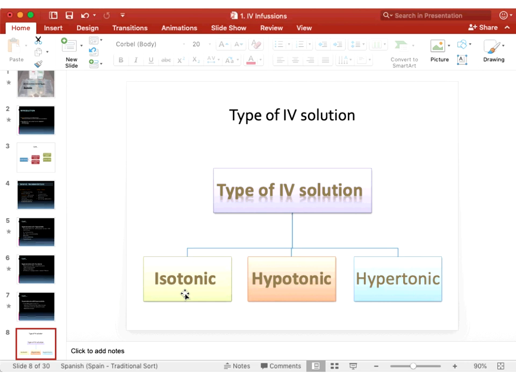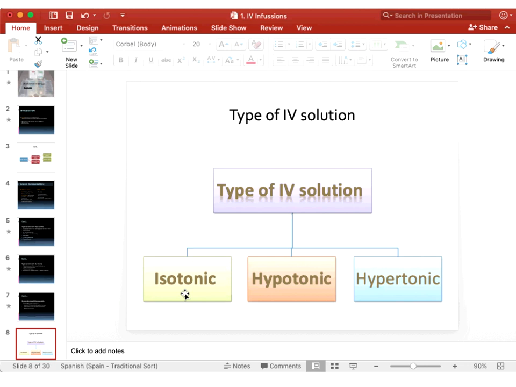Can anybody recall what the normal range of osmolarity is? Anybody? Don't fall asleep on me. 280, Cynthia, that's correct.